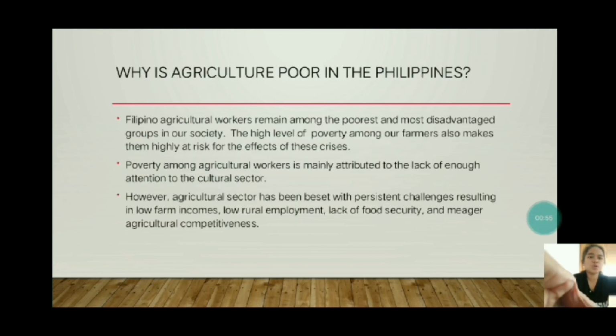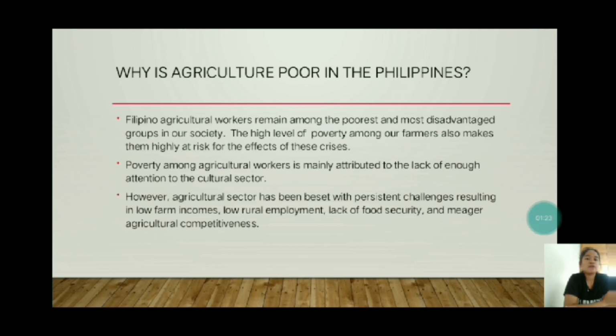Why is agriculture poor in the Philippines? Filipino agricultural workers remain among the poorest and most disadvantaged groups in our society. The high level of poverty among our farmers also makes them highly at risk for the effects of this crisis.